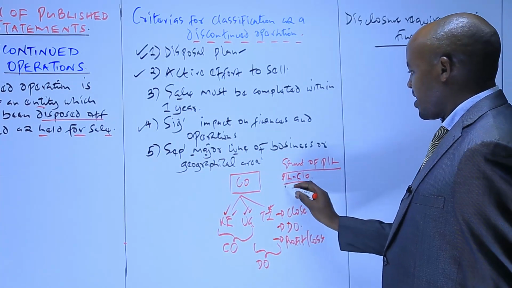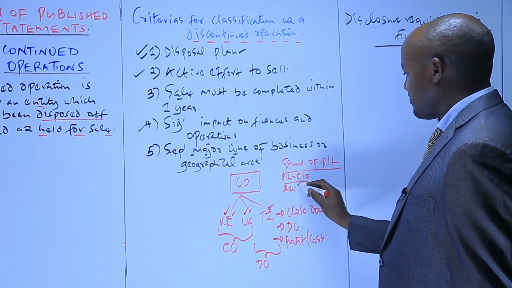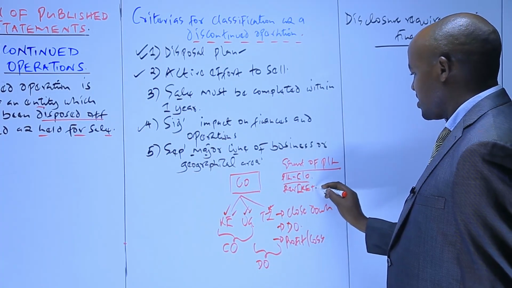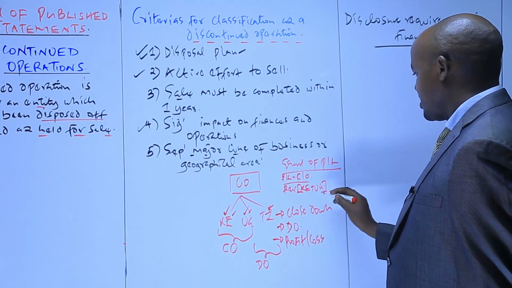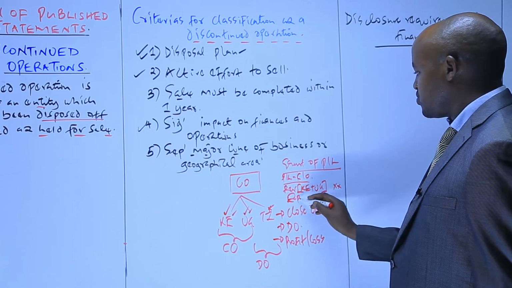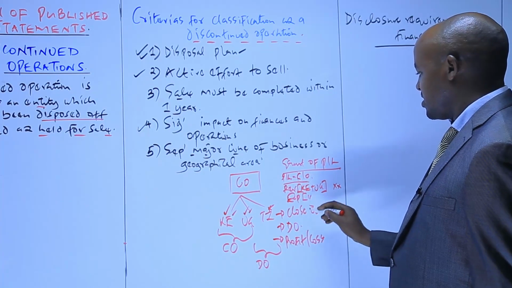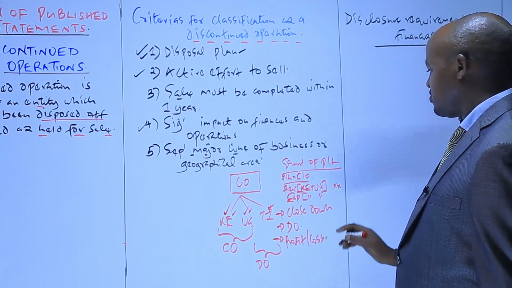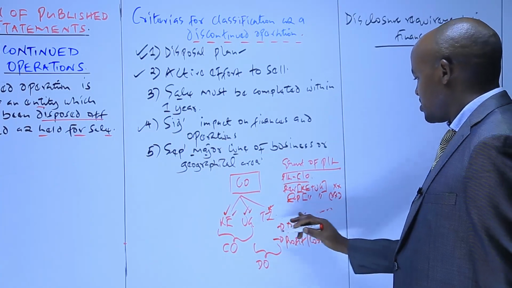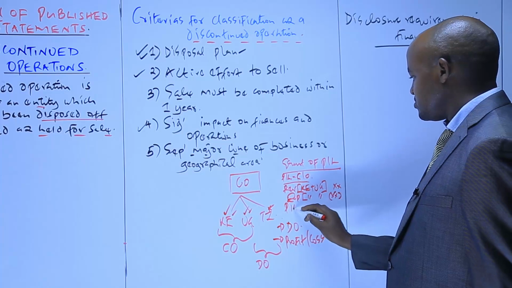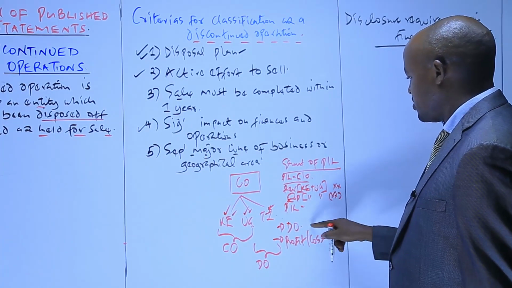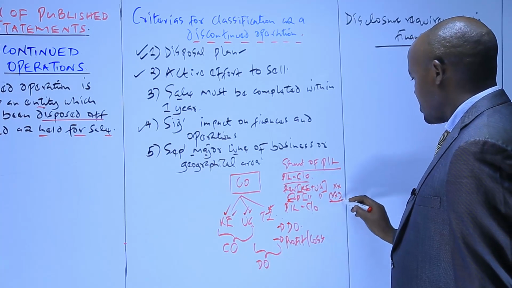So the company takes the revenue of the Kenyan branch plus the revenue of the branch in Uganda, then deducts the expenses for the two branches, and gets the profit or loss from continuing operations, not discontinued.